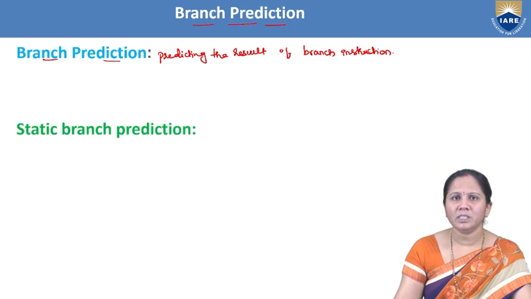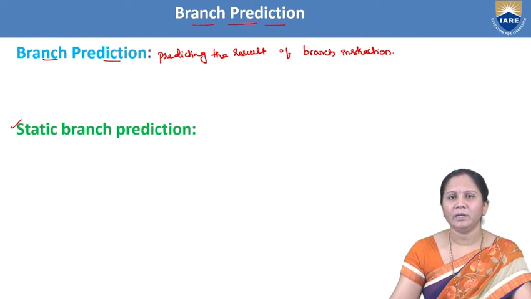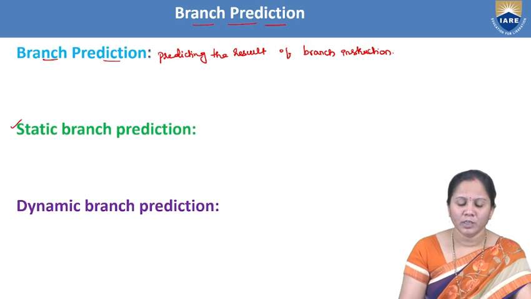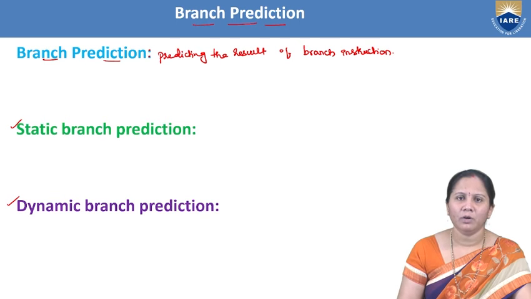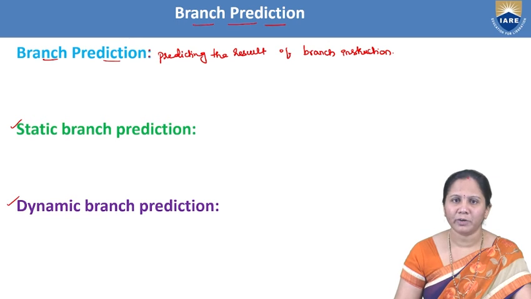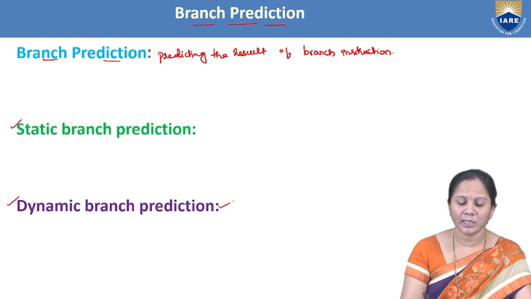This branch prediction is of two types: static branch prediction and dynamic branch prediction. Out of these two, the static branch prediction is generally not preferred; the dynamic branch prediction is preferred. As we have learned about the features of Pentium processor, it takes dynamic branch prediction only and does not prefer static branch prediction.